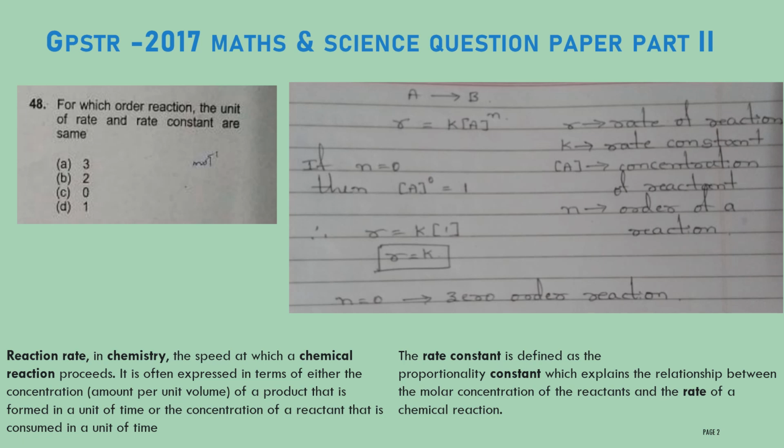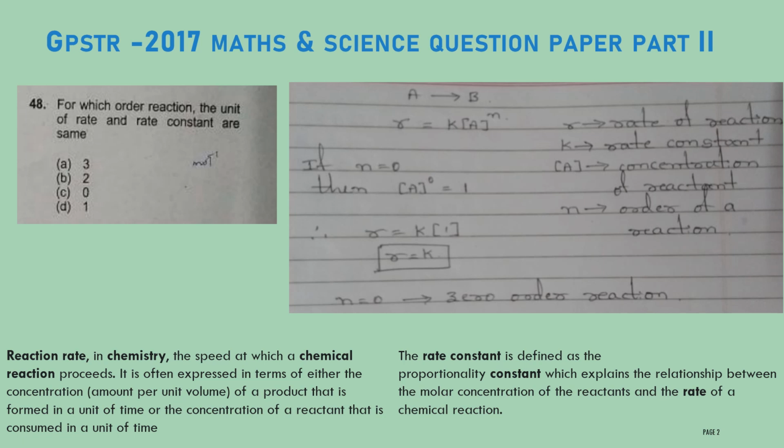So if n is equal to 0, this full value is equal to 1. Substituting again in this equation, R is equal to K into 1, then K into 1 becomes K, so R is equal to K. Therefore n equal to 0 is nothing but a 0 order reaction.